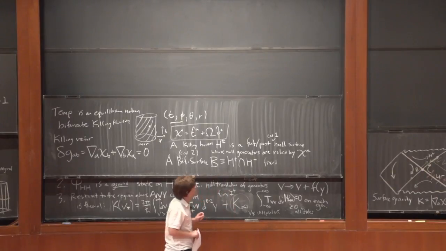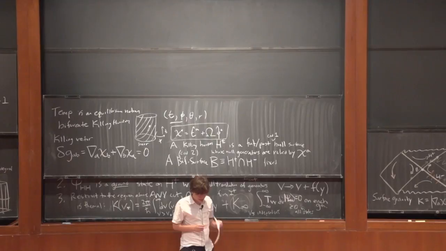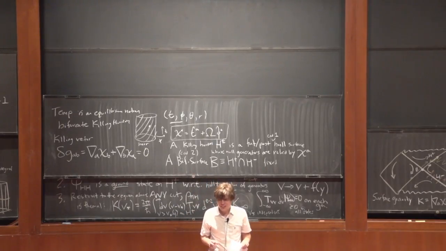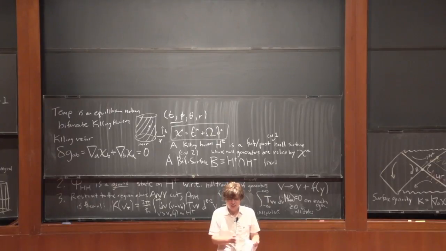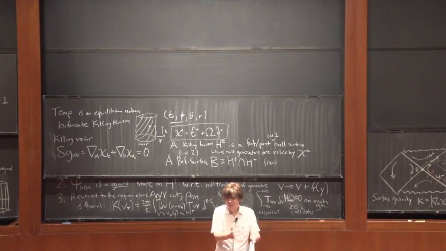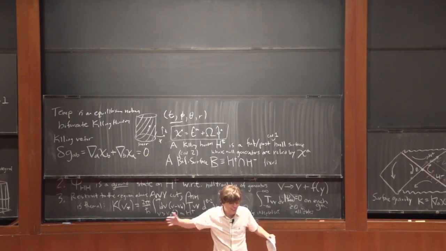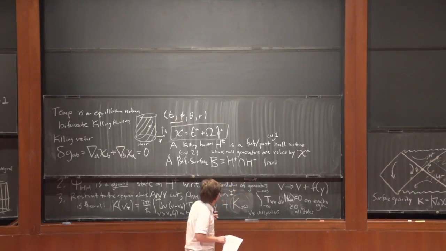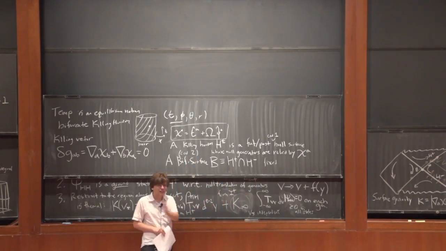The difficulty is that if you remember what a rotational Killing vector looks like, a rotational Killing vector grows linearly. Just think about it in Minkowski space. A rotation grows linearly in its size as you move away from the origin, whereas the time translation symmetry just stays the same.